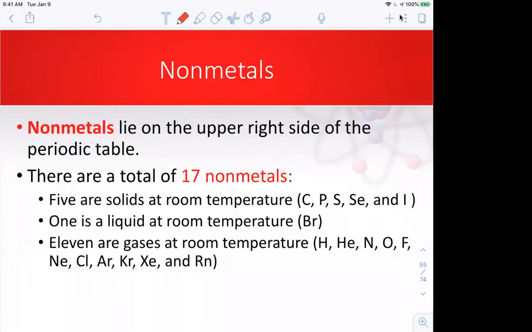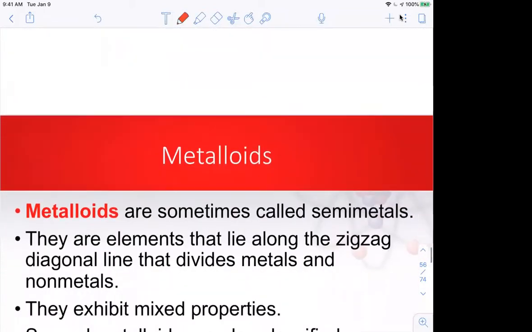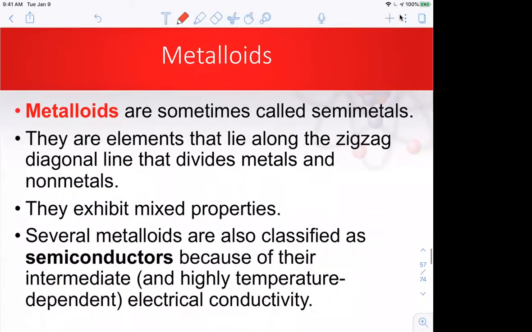Nonmetals are on the upper right-hand side of the periodic table, and there aren't that many of them. They have a variety of physical states at room temperature under atmospheric pressure. Five are solids, one is a liquid, and eleven are gases. Metalloids are sometimes called semimetals.